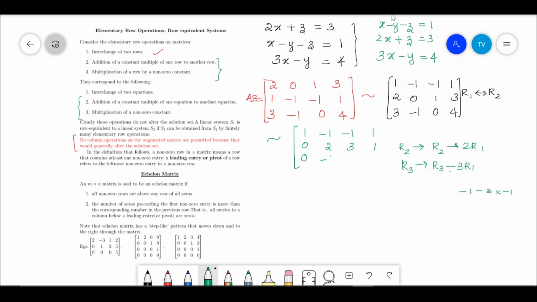So minus 1 plus 3, it is plus 2. Then the third element is 0 minus 3 into minus 1. So we have plus 3, and the fourth element is 4 minus 3 into corresponding element in the first row. So we have 4 minus 3 into 1. This is equal to 4 minus 3 equal to 1. So we have all the 4 elements.